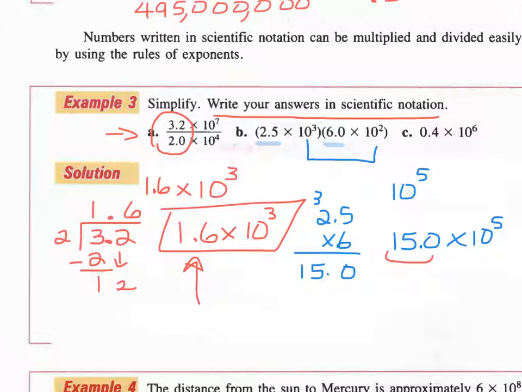So I need to move this one time to make this 1.5. So because I moved it once to make it smaller, I'm going to add 1, the number of times I moved it, to the exponent. So the final answer here is 1.5 times 10 to the 6th power.